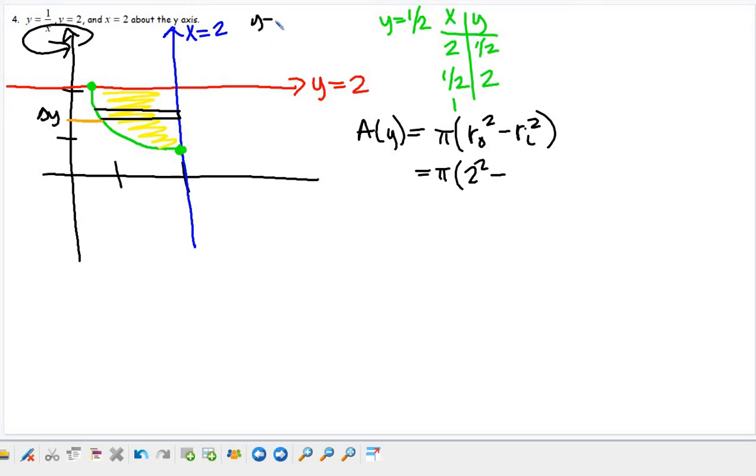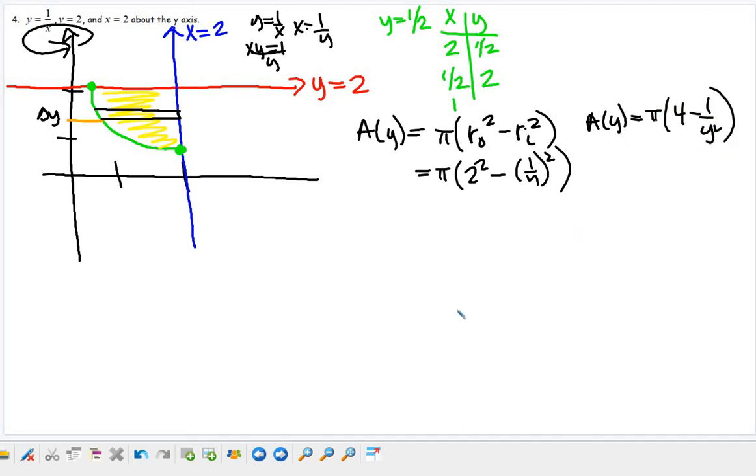So just to be clear, multiply by x, and then divide by y. So x is equal to 1 over y. So 1 over y squared. So my area would be pi times 4 minus 1 over y squared.